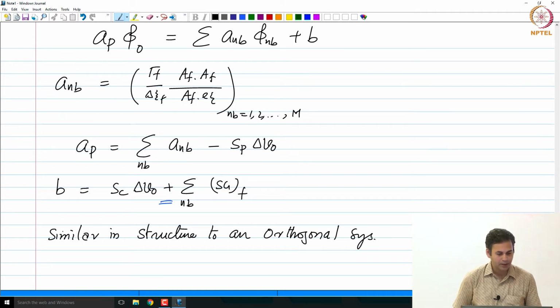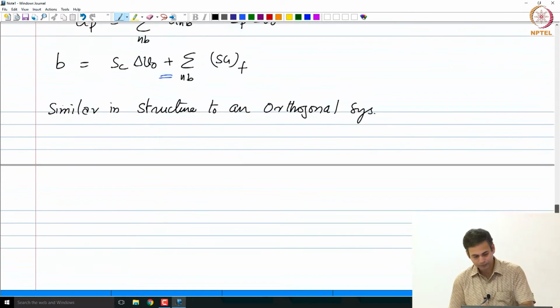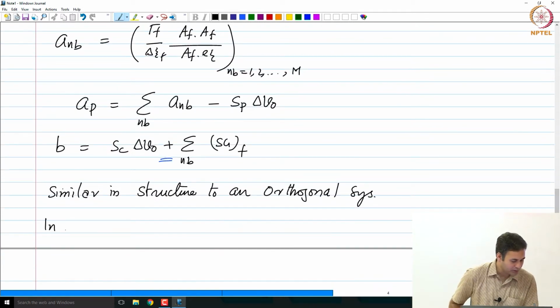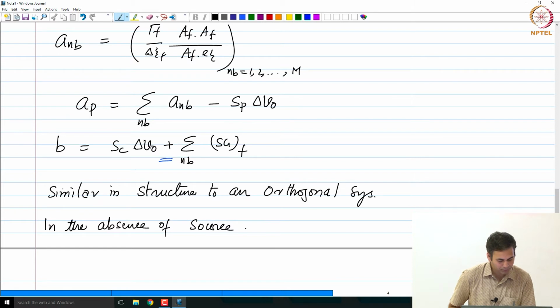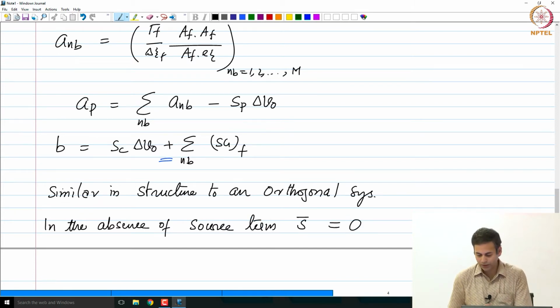Okay. What about the Scarborough criteria or the summation properties? So, let us say we do not have source terms. In the absence of source term, that means your entire S bar equals 0. What is your A p?